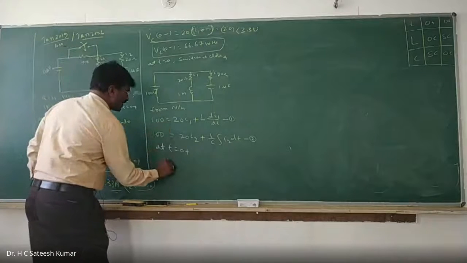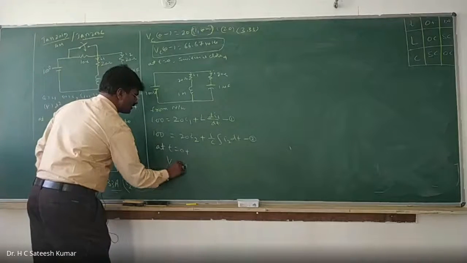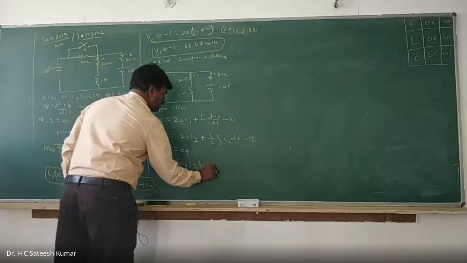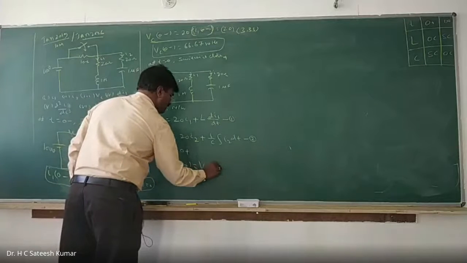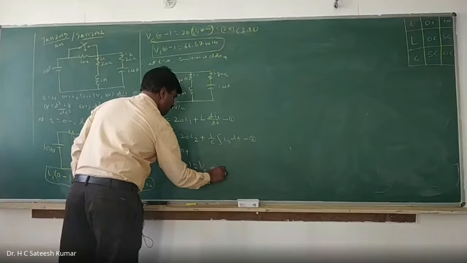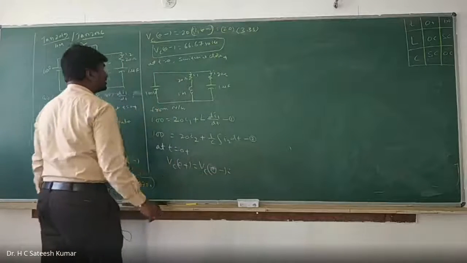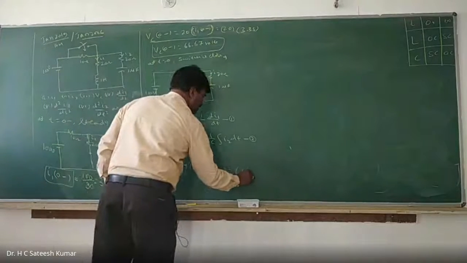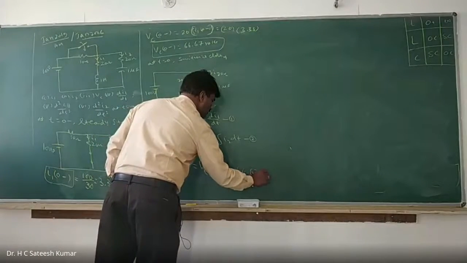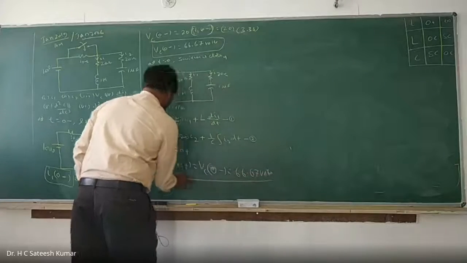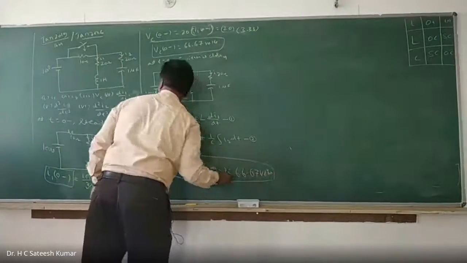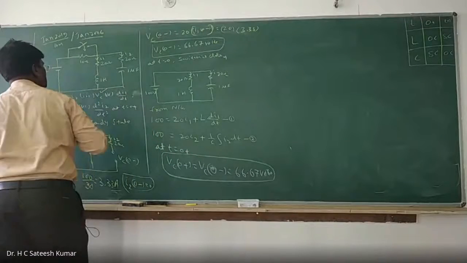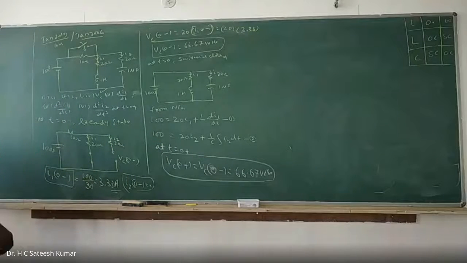So therefore, VC at 0 plus is equal to VC at 0 minus, which is 66.67 volts. That is one answer. So this one we got at t equal to 0 plus.